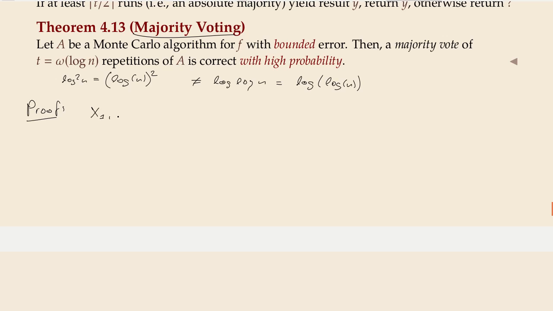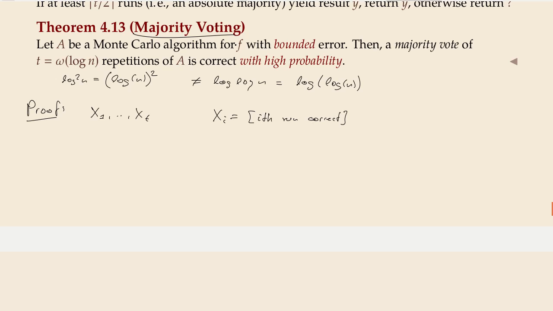So we have again our indicator variables X_i, where this time X_i means that the ith run yields the correct result. Okay. So we're looking at the function f. So there's one specified output that's correct, and everything else is wrong.